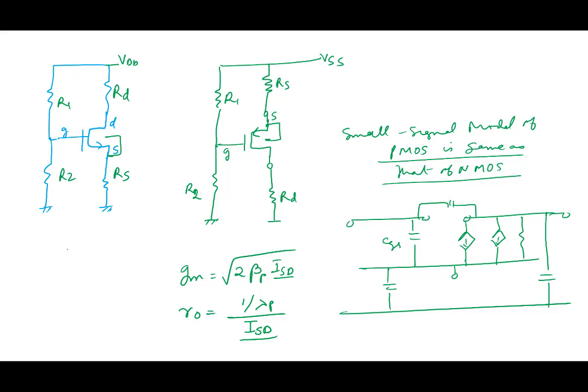The DC equations are for this IS, so we write ISD equal to beta p by 2 times (VSG plus VTP) square, multiplied by (1 plus lambda VSD).